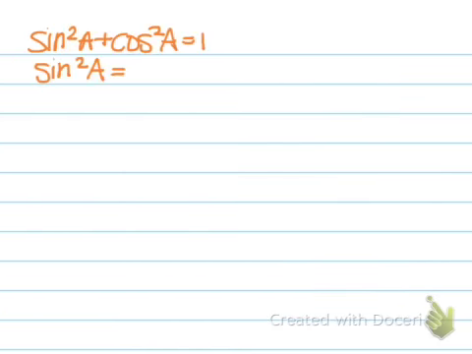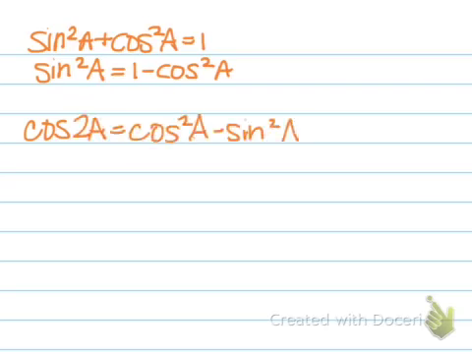Okay, so now we're going to use the knowledge that sine squared a plus cosine squared a is equal to 1. If we want to solve for sine squared a, we can say sine squared a is the same as 1 minus cosine squared a. So we're going to manipulate this cosine 2a a little bit. We just figured that cosine 2a is cosine squared a minus sine squared a.